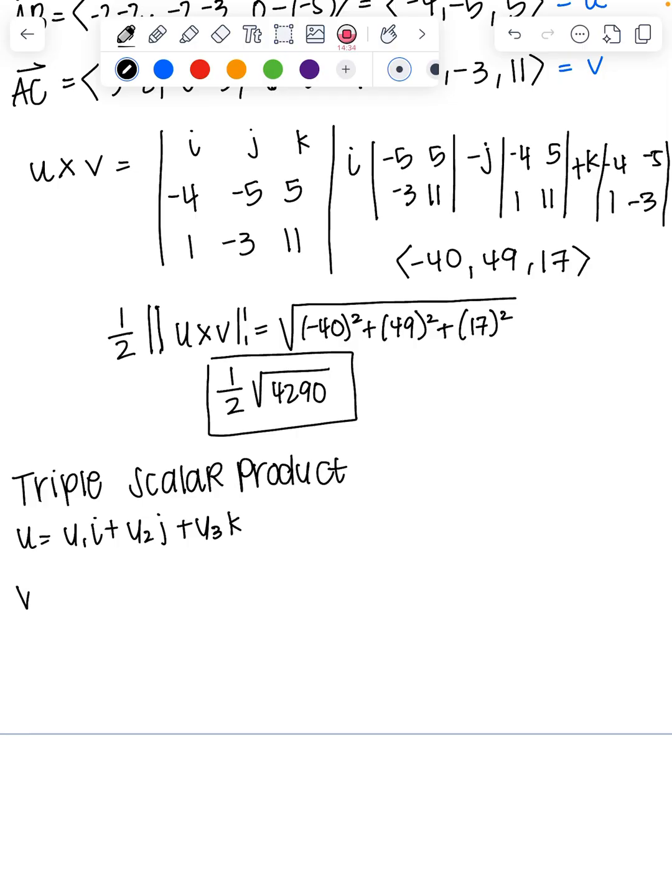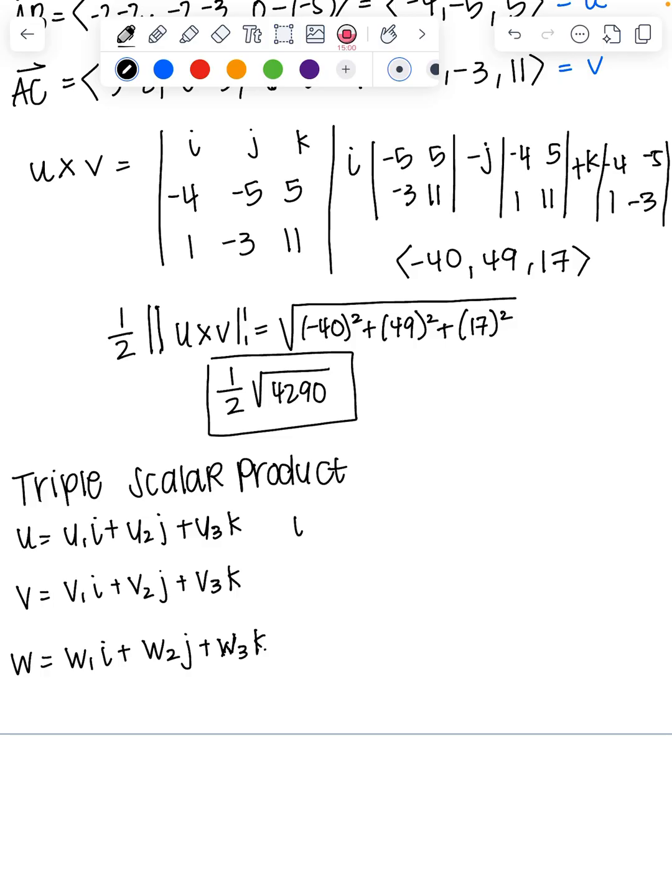You're going to have a V, which is equal to V1I plus V2J plus V3K. And then you're going to have W, which is equal to W1I plus W2J plus W3K.